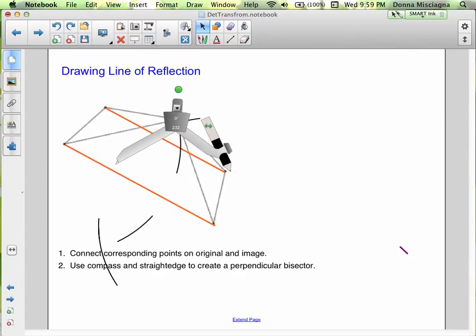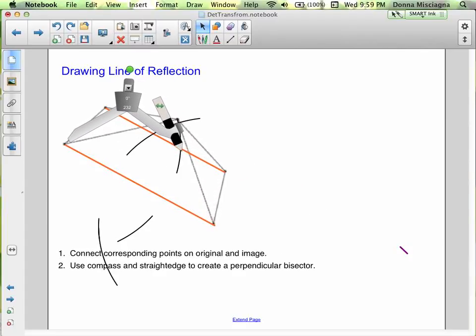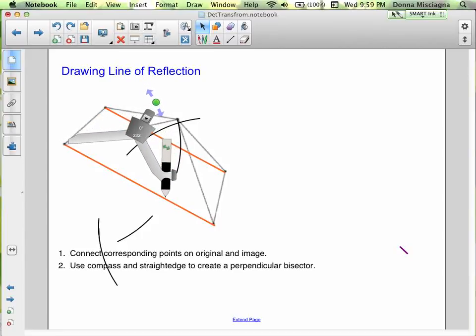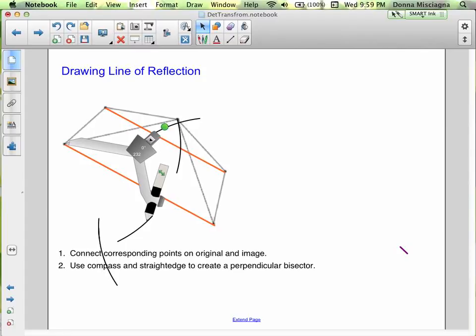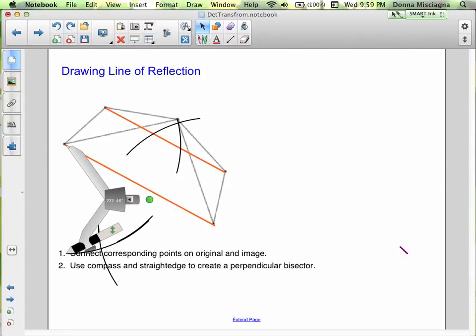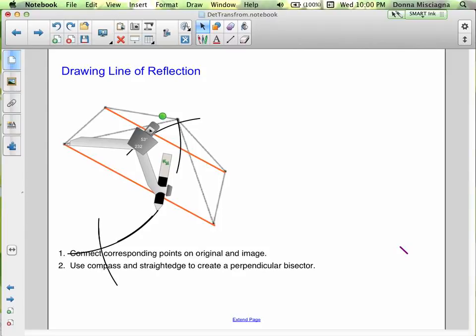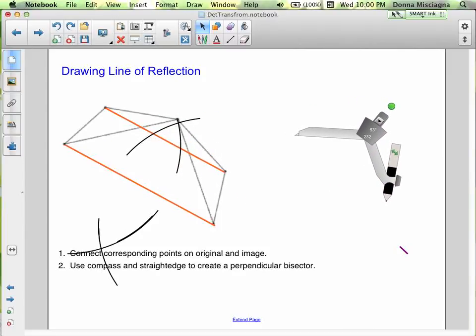I should have been paying attention. I made a nice big arc above, and I didn't realize that I didn't really continue my arc below. There we go. So there we have our arcs above and below.